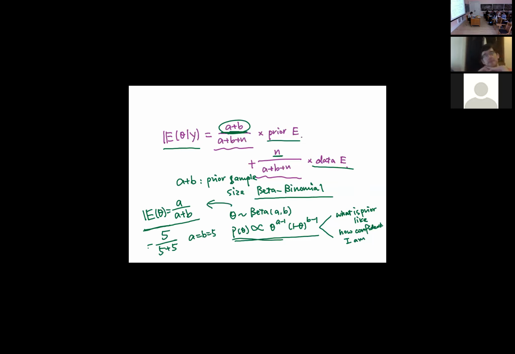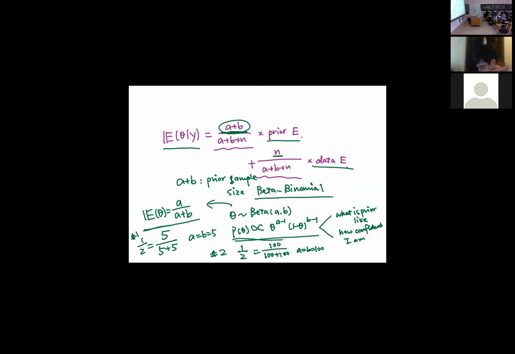That gives me 1/2, right? My first choice. A second choice: since I just want to fix it to be half, I can also do 100 over 100 plus 100, and A and B are both 100. So for these two different priors, I represent the same belief in terms of the mean. Both of the means are 1/2, right?